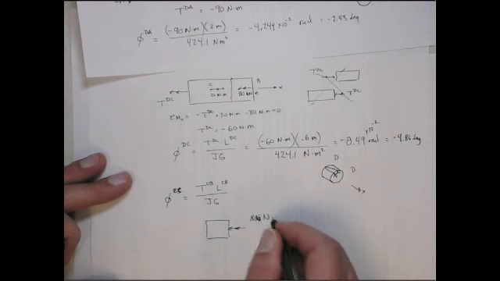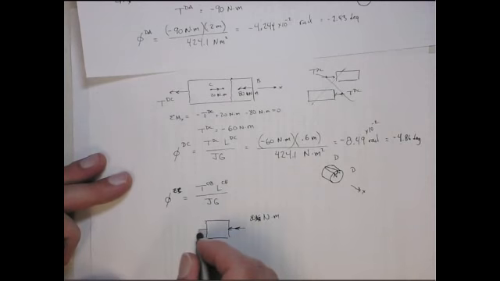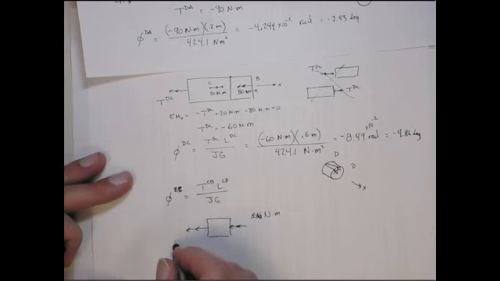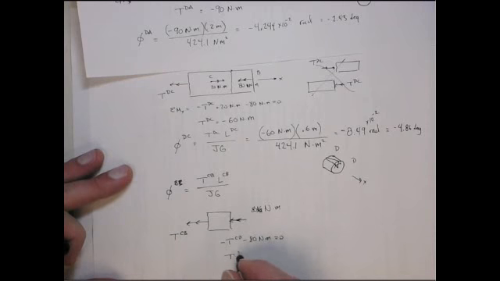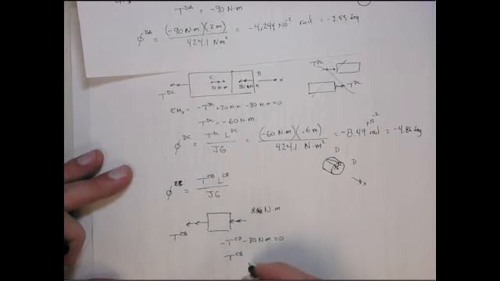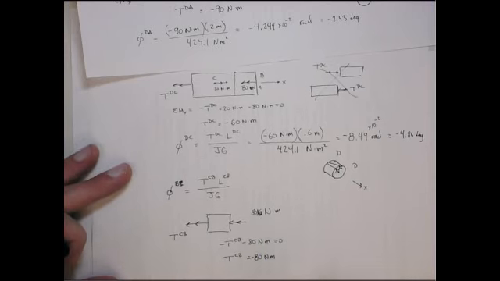Sorry, I keep calling it kilonewtons. Again, we assume positive outward, so that's the torque CB. Okay, then we do sum of moments. What you get is minus torque CB minus 80 Newton meters equals 0, or that the torque at CB is equal to minus 80 Newton meters. Okay?